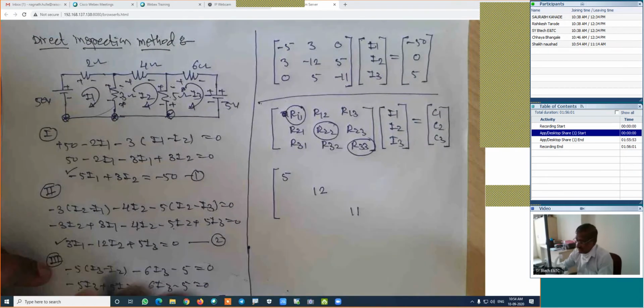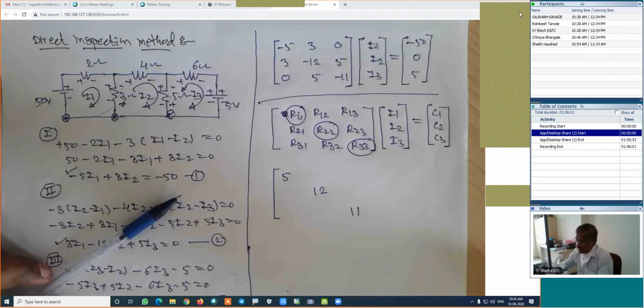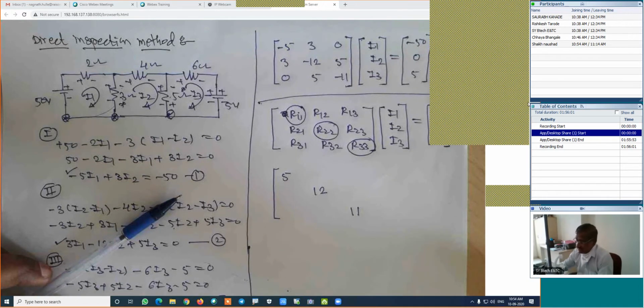It's right. Anyone has difficulty? Saurabh, Chaya, Sheikh Naushad. Any doubt? No, I guess. Is it right?